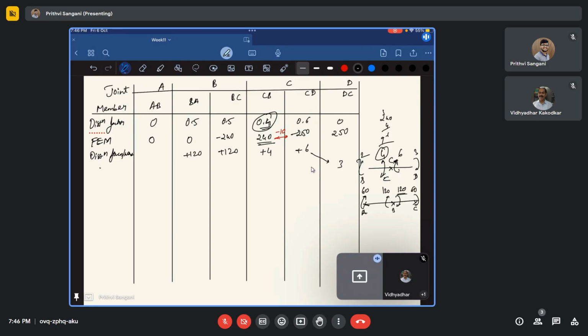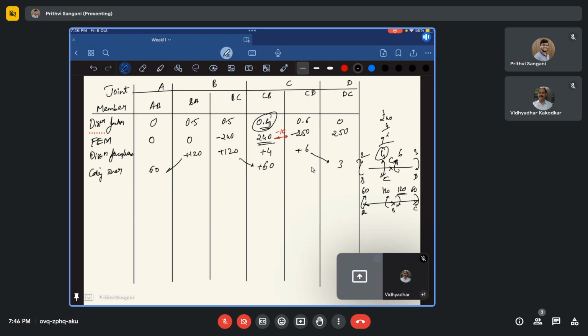Fine. So BC will have a carryover to CB, which is 60, and BA will induce a carryover to AB, which is again plus 60. Let me write it as carryover moments.